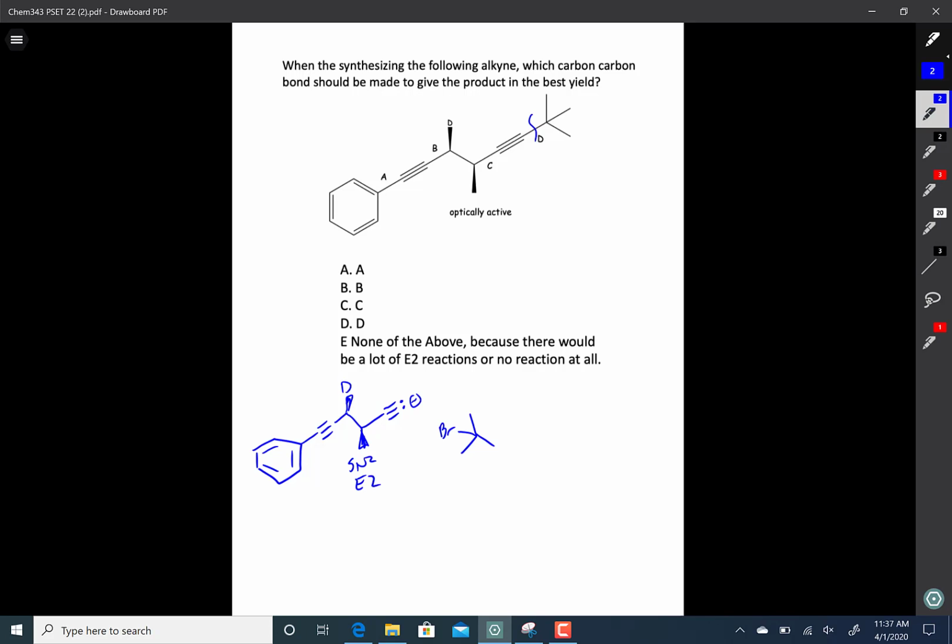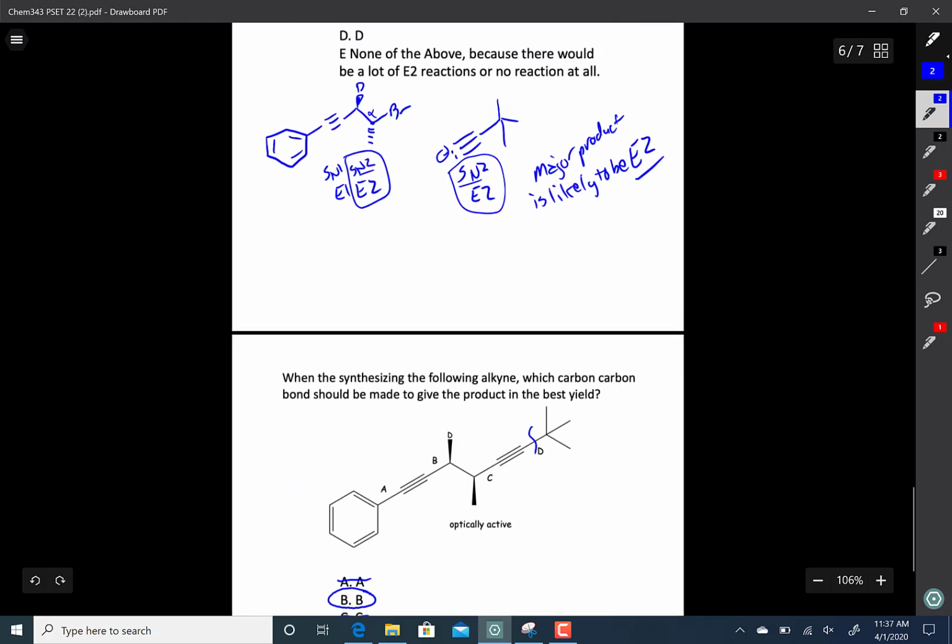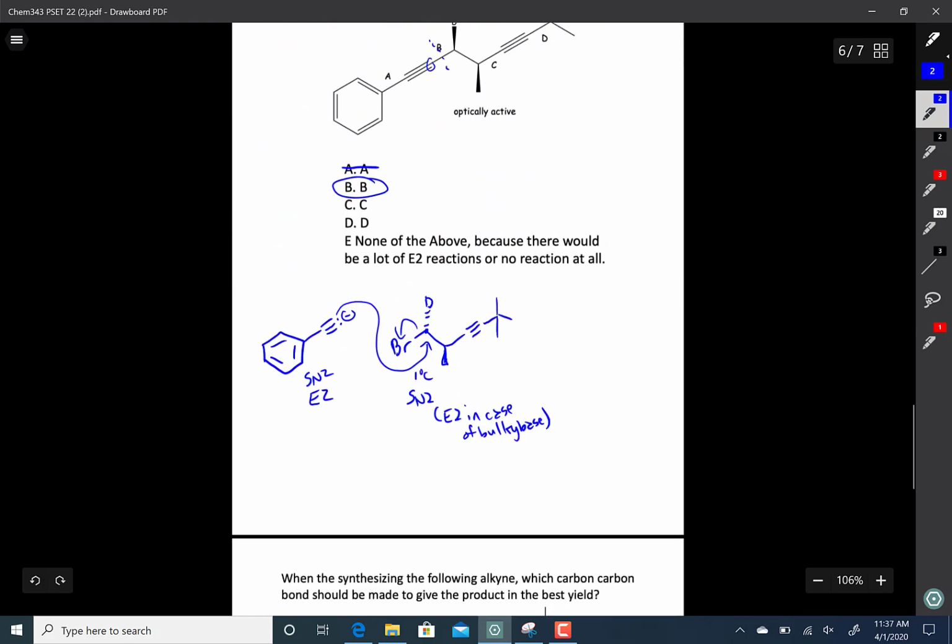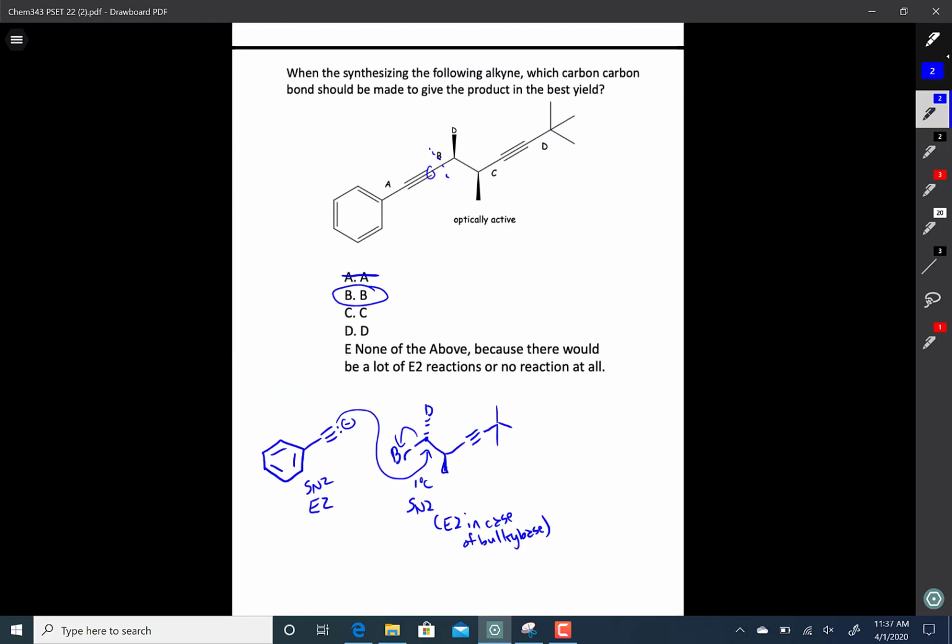This is tertiary, so it can do SN1, E1 and E2. This is going to give a majority of E2 products and not our target product, so D is out. So we've eliminated D, C, and A, but B is still a possibility. So B is our choice.